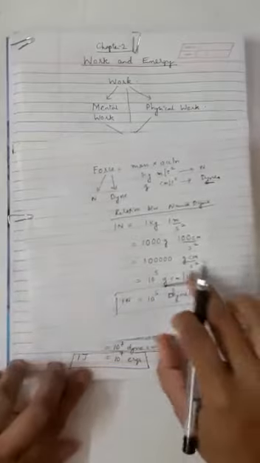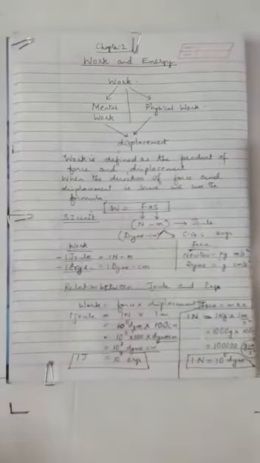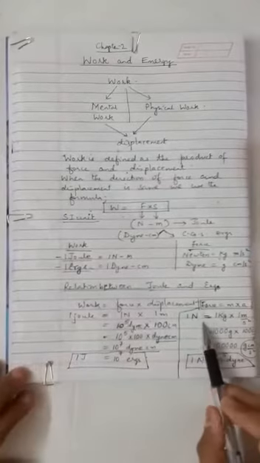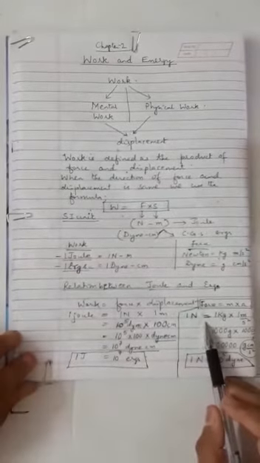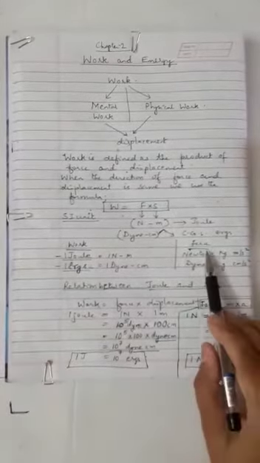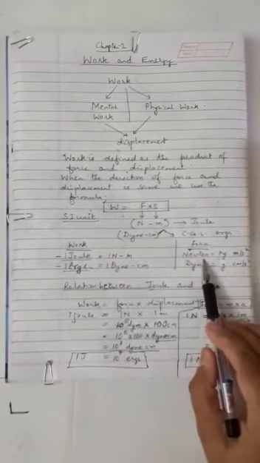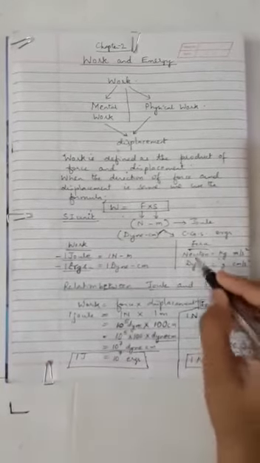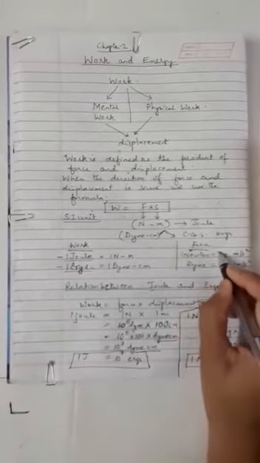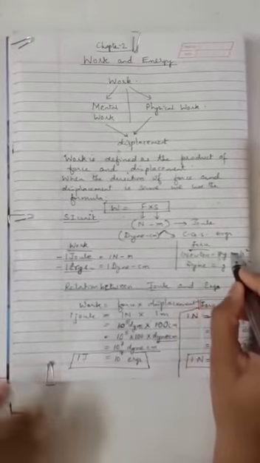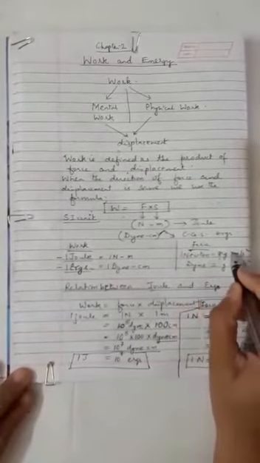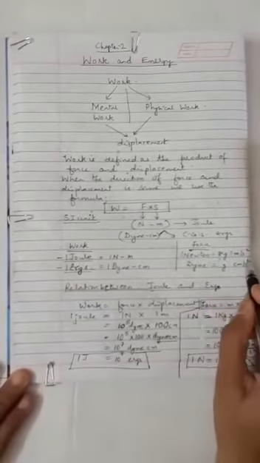Now look here, children. Here we have all the steps I have shown just now. Everything is written here. 1 Newton is the force when the mass is 1 kg and the object is accelerated through 1 meter per second square.